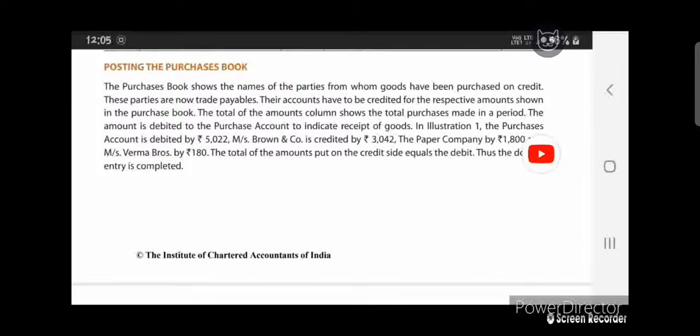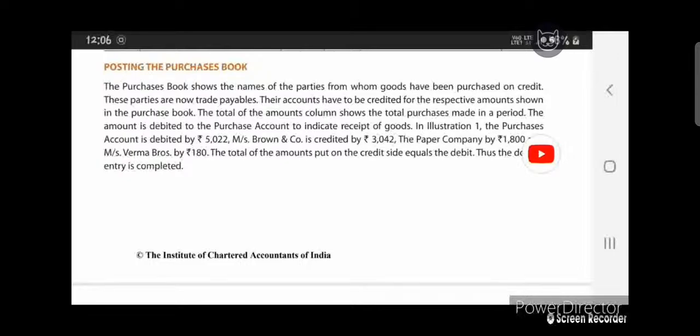These parties are now trade payables, and their accounts have to be credited for the respective amounts shown in the purchase book. Only that amount should be credited to their account.